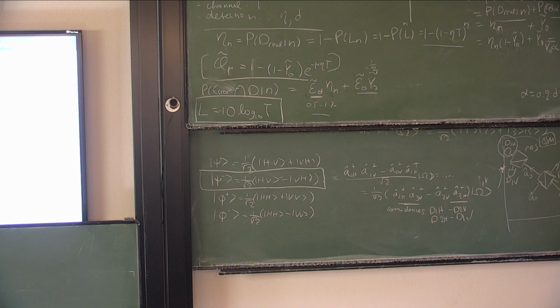It essentially means that for the psi minus state, you didn't even need this part of the setup. You could have just used a single photon detector here and a single photon detector here, and you would still have coincidences between these two for the psi minus state.